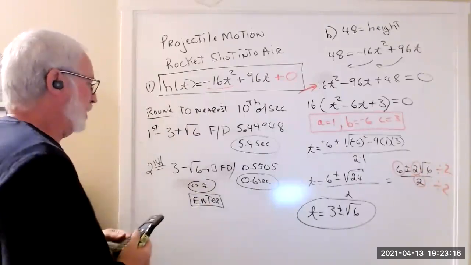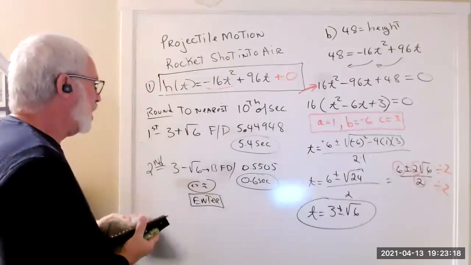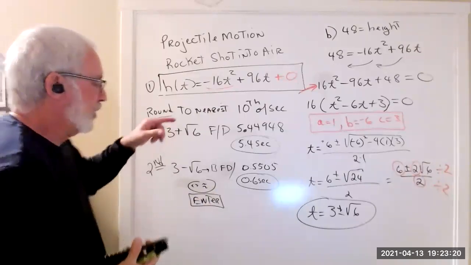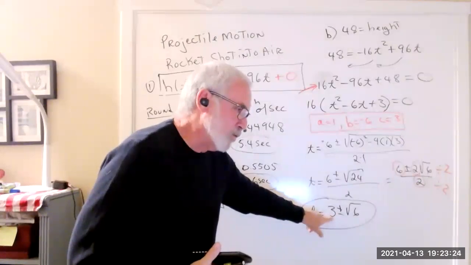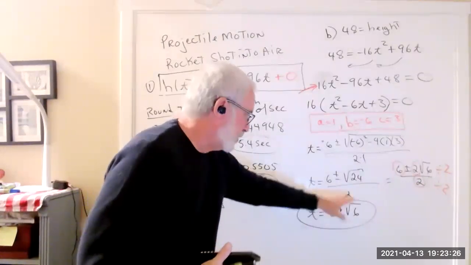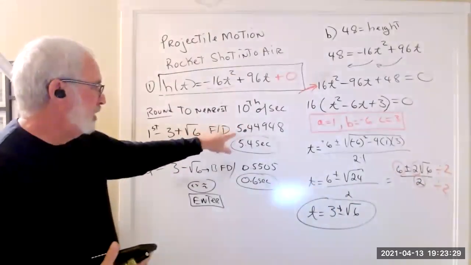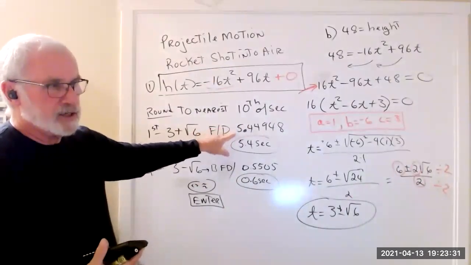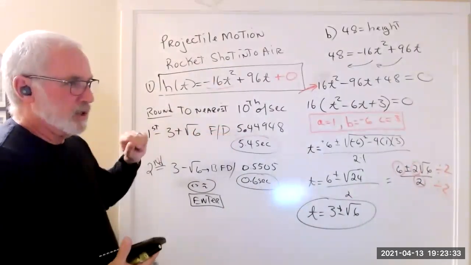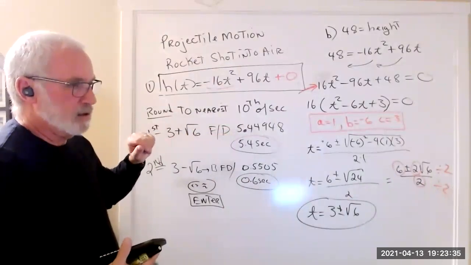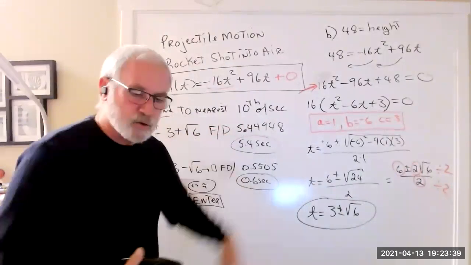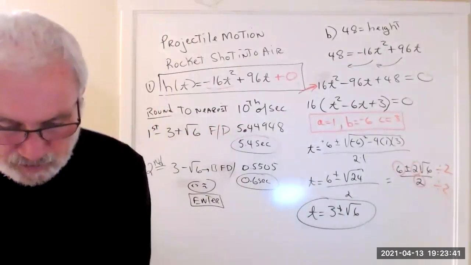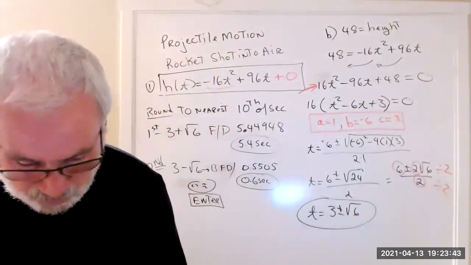Okay, so wait, let's go back. Are we okay with taking a square root problem, 3 plus square root of 6, and turning it into a decimal answer? You guys all got that now or not? Yeah, I got it now. Okay, good. So what do these two answers mean? Let's go back to our original problem.